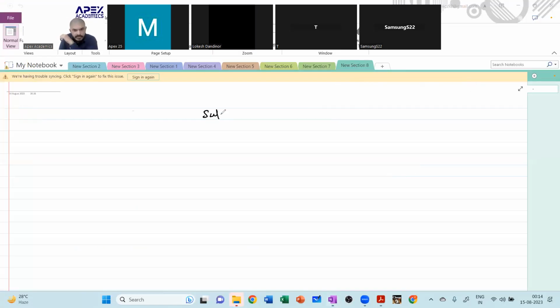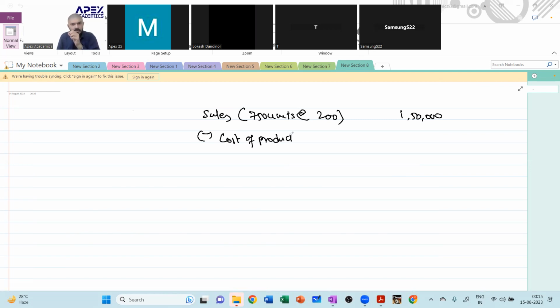See here. Sales are how many units? 750 units, at the rate of 200. 1,50,000. Now from this, I will subtract cost of production, all variable. Opening stock is 100 units at your variable cost.